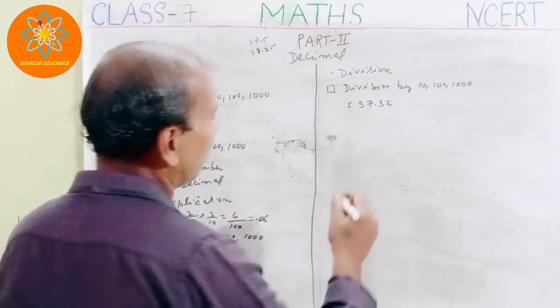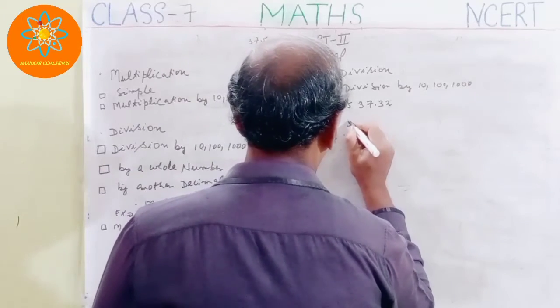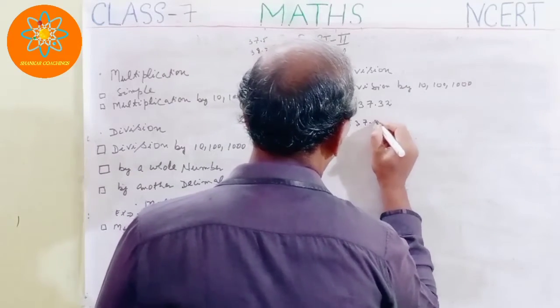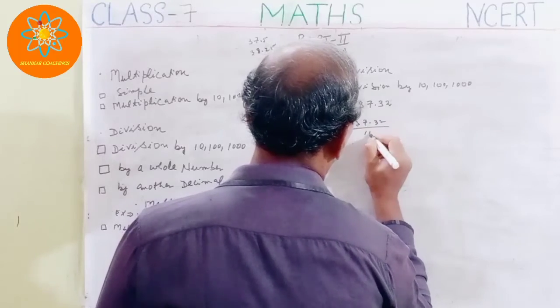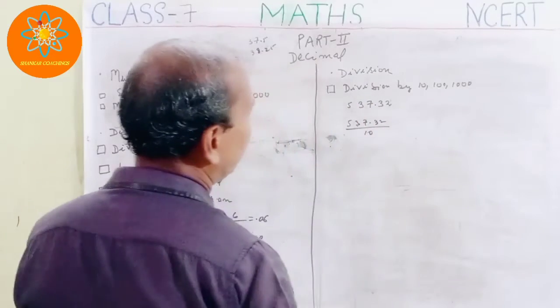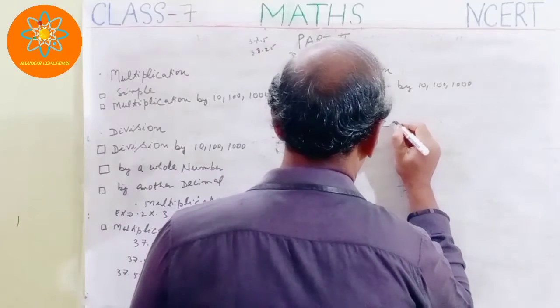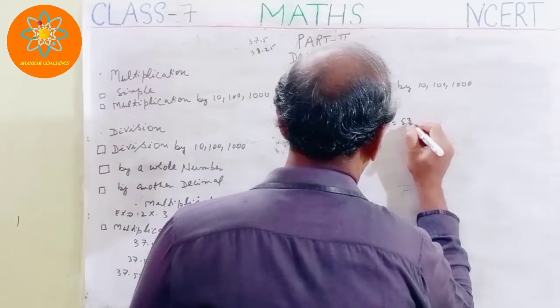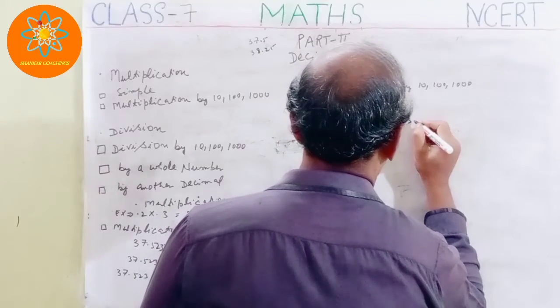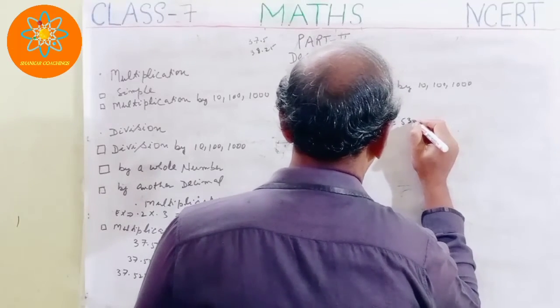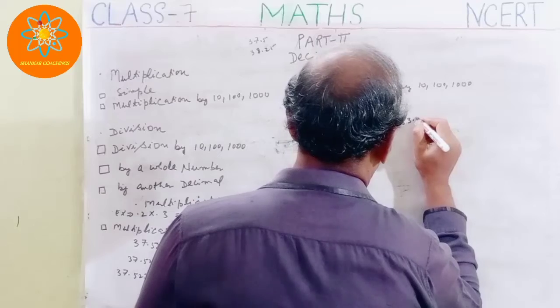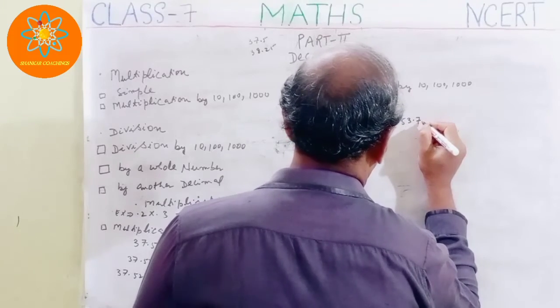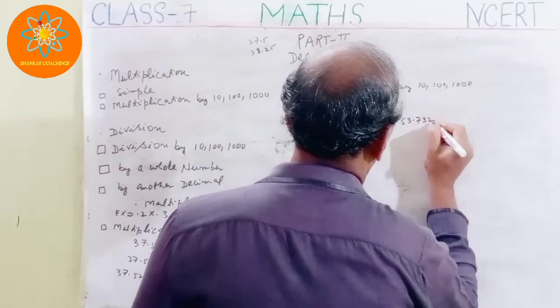537.32. Now, if I divide it by 10, how much will I get? I will get 53.732.